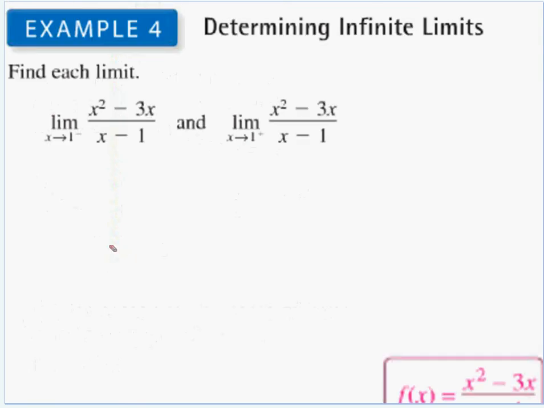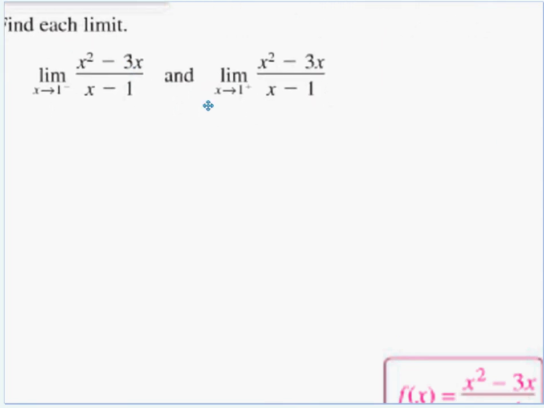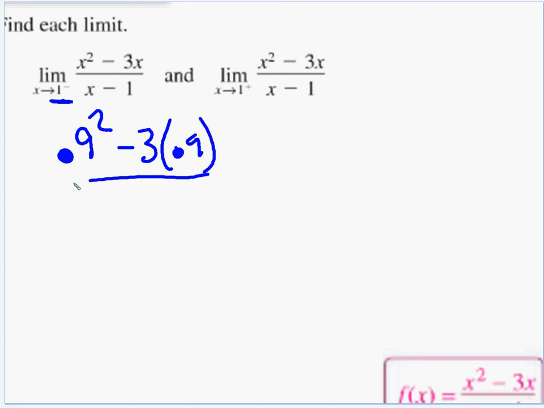Up next, example 4. Find each limit. Now let's see here. Remember when I said this is all about signs? Is it positive or negative as we get close to that number? In this one, we're approaching positive 1 a little bit from the left. So I'm thinking 0.9. My numerator, x squared minus 3x, will be 0.9 squared minus 3 times 0.9.